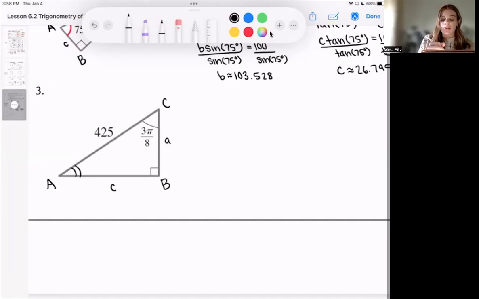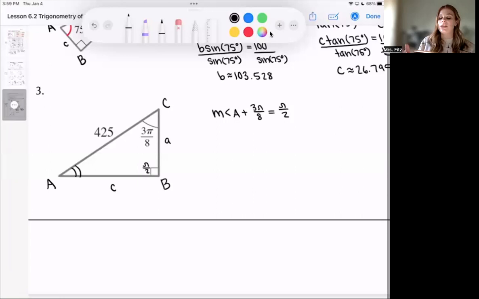So you can think of this as, right, pi over 2 is 90 degrees. Well, we know that 3 pi over 8 and the measure of angle A has to add up to pi over 2. So measure of angle A plus 3 pi over 8 should equal pi over 2, right? Otherwise, it would break our triangle angle sum rule.